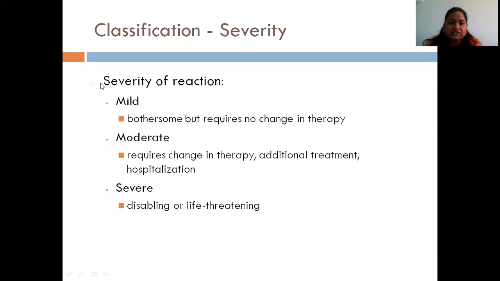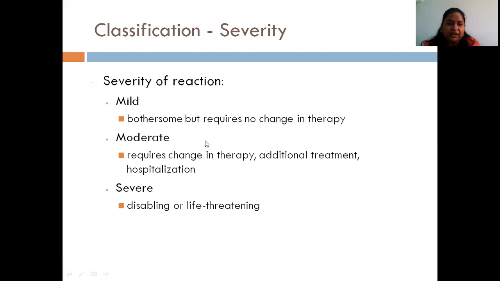Next is the severity of reactions. Severity reactions are classified into three phases: mild, moderate, and severe. Mild is not bothersome and requires just a little change in therapy, and it can reoccur or be relieved from the ADR.